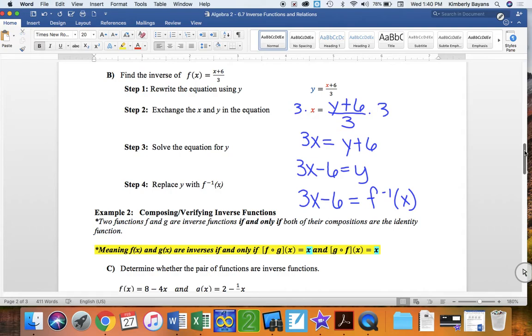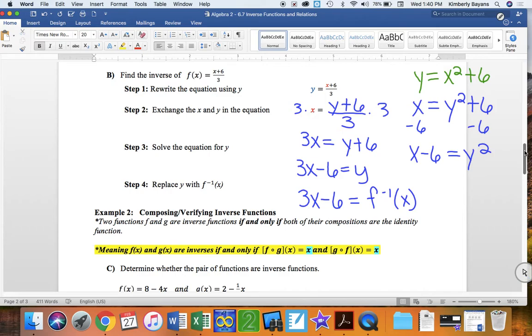Okay? If you had an equation that looked like this, just want you to know you can find the inverse. It does the exact same thing. However, my x is no longer squared, and now my y is squared. And I would still just solve for y. I just want to toss that out there because you will have some examples like that. I know it's not on your notes, but you will have some problems like that in your work.